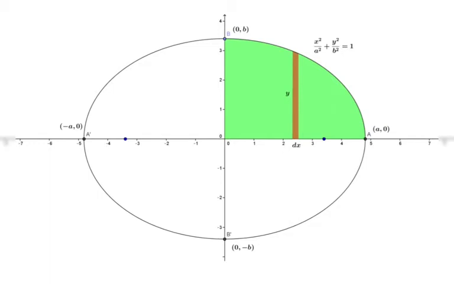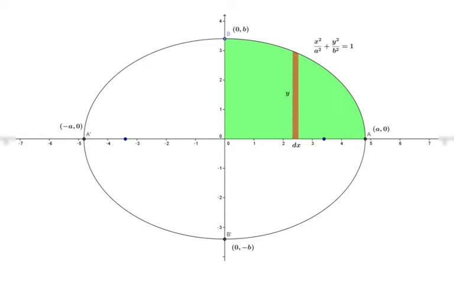So alright, on the screen you have a vertical strip. Also remember, sometimes you can do it horizontally. But this time let us discuss only for vertical strips. So to find out the area of the region colored in green, what we do is we start by finding out the area of that vertical strip, which looks like a rectangle.